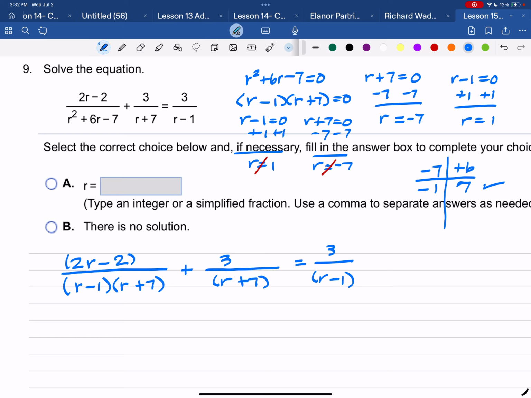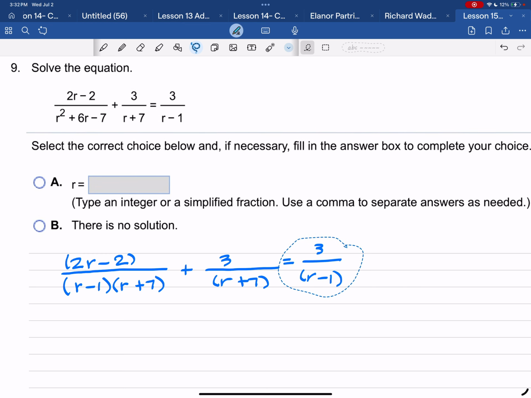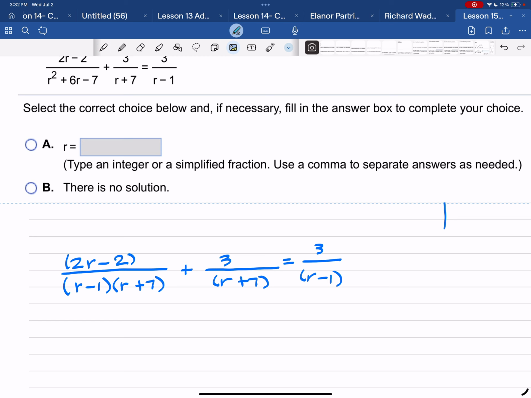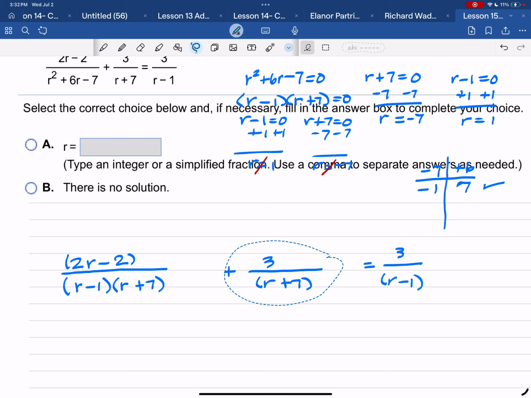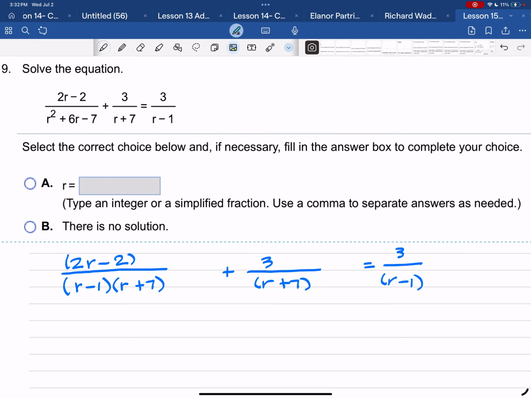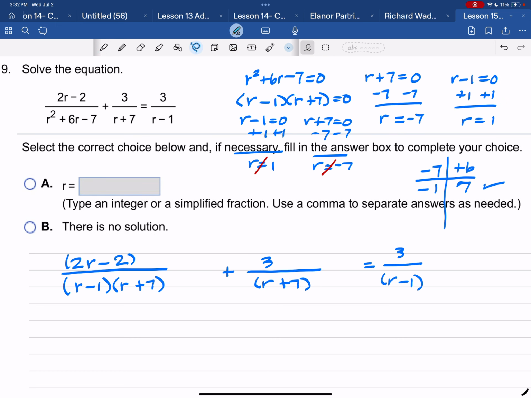Now, I have to multiply all of these by the LCD. So I'm going to create a little bit more space here, if I can. Okay, so my LCD is going to be the first denominator, (r - 1)(r + 7).